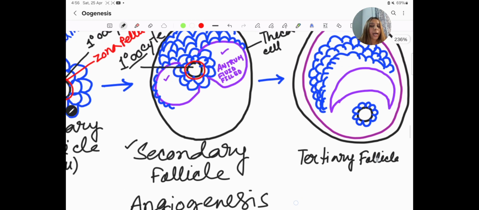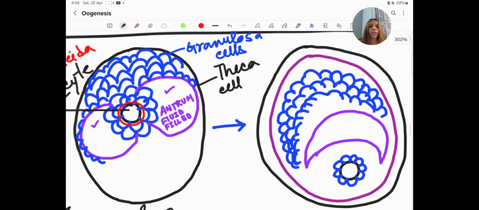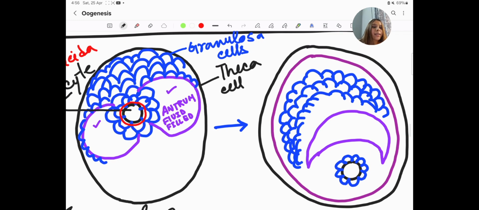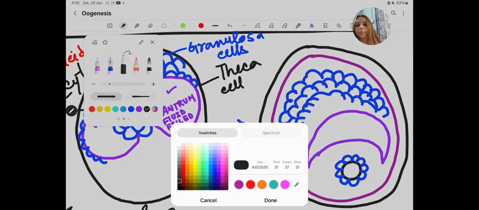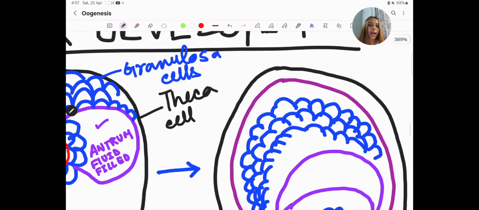So in the case of the tertiary follicle, we can notice that there is another layer of cells, these magenta color cells. This magenta is theca interna. These are theca interna.